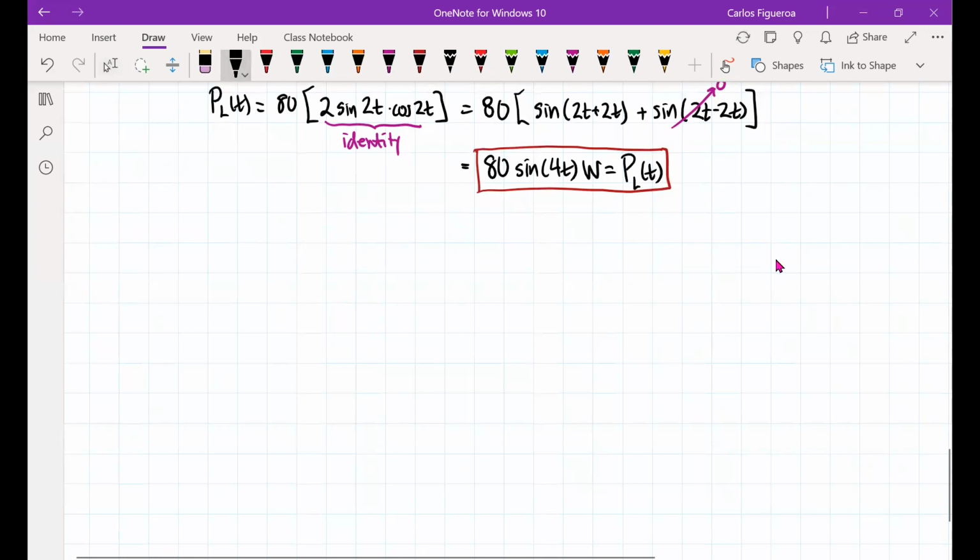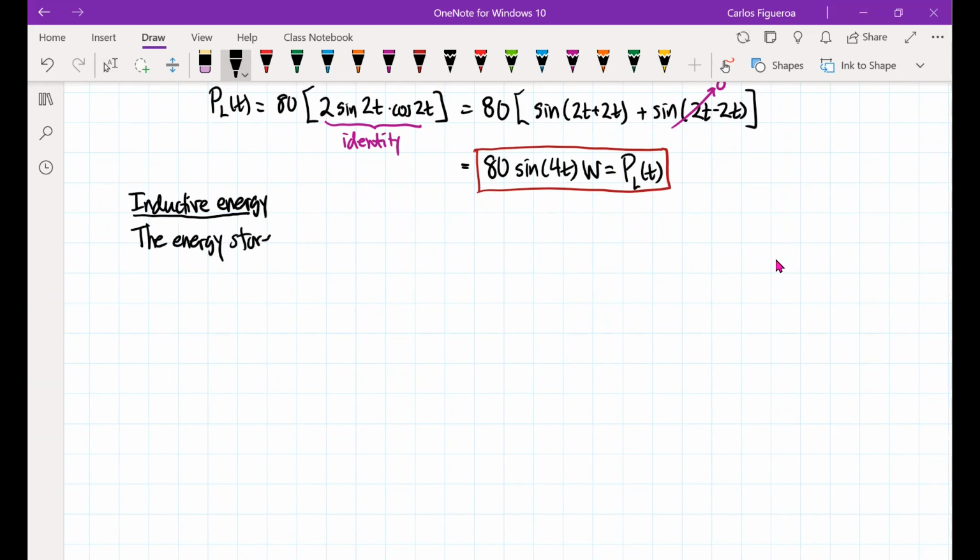So now I want the inductive energy. The energy stored in the inductor is in the B field.